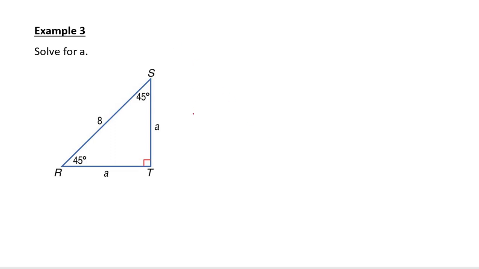So solving for A now. Okay, those are both of the legs, those are both equal, so that's our one side. 8 is our root 2 side. So 8 is to root 2 as A is to 1. I can't have a radical in the denominator, so I multiply by what that radical is.